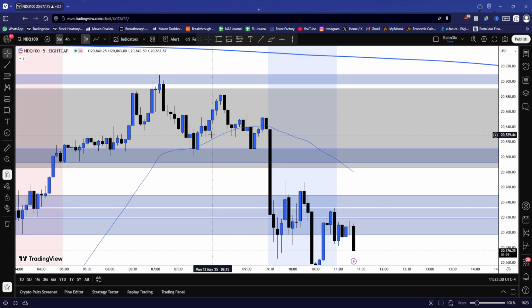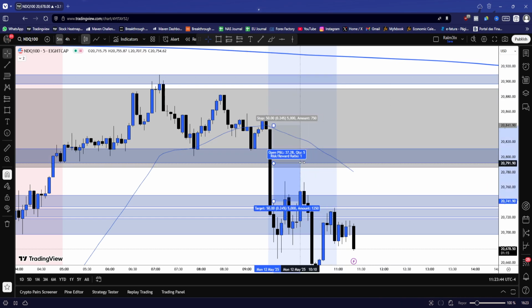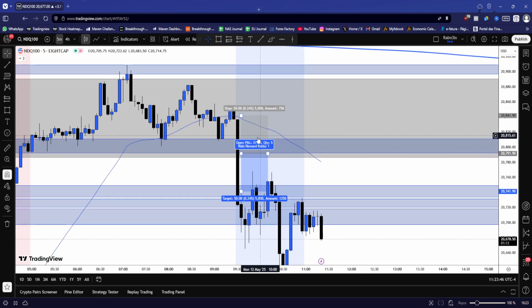Okay, we are below the moving average, so we look only for sales below the moving average and below the 4-hour. So basically first I had my 50 pips here. My limit order was here because why?